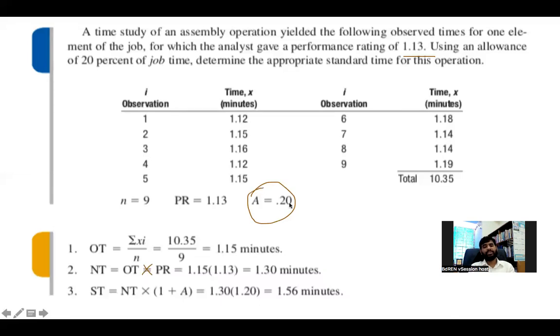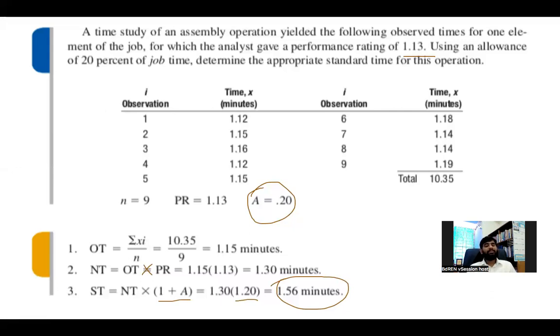Allowance is here 20%, so the allowance factor is 1.20, or 1 plus allowance. And what is the standard time? 1.56 minutes. 1.56 minutes is the standard time. So maybe you are clear how to calculate standard time.